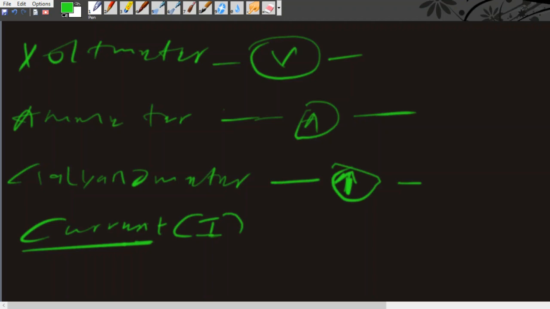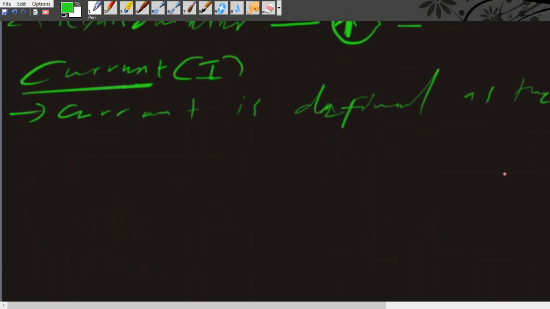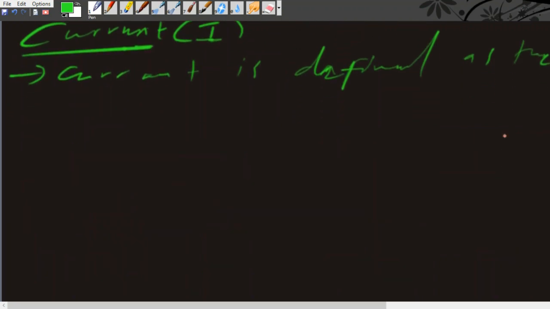So current is defined as the rate of flow of charge.